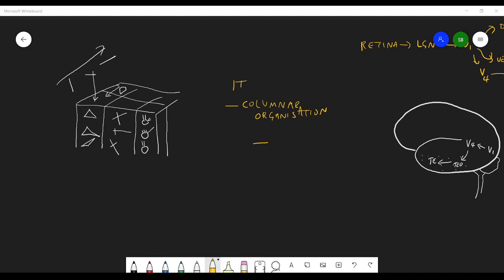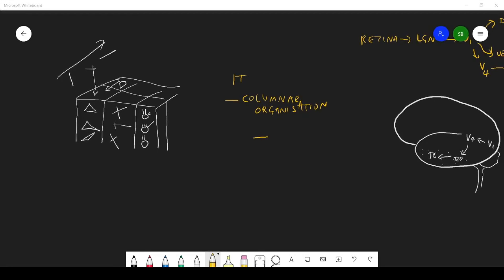As you're going from lateral to medial, so that means going in this direction here underneath the temporal cortex, the responses tend to move from inanimate to animate stimuli.